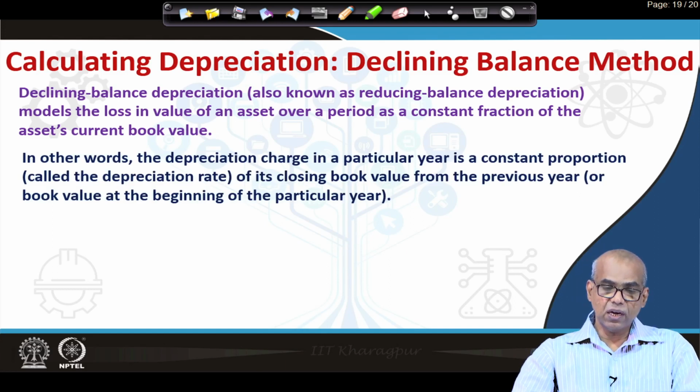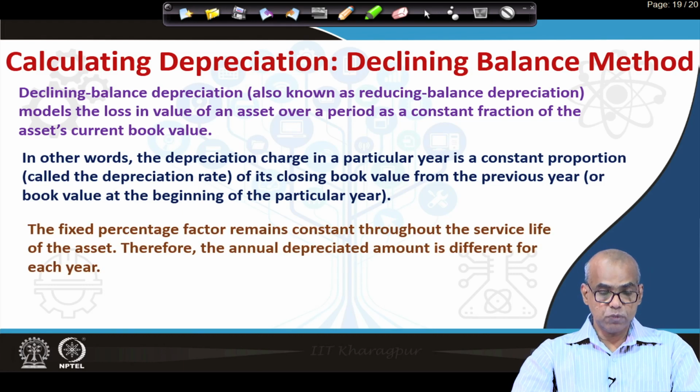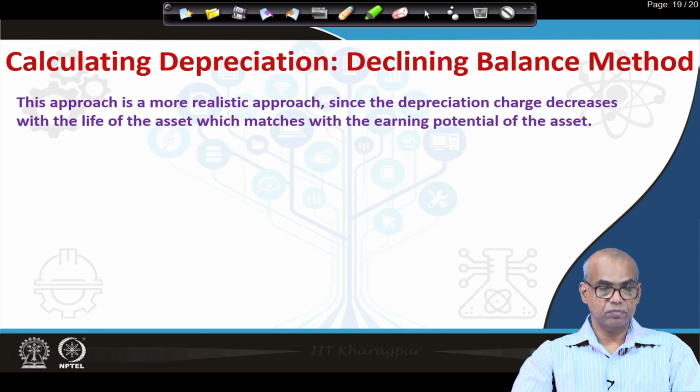So, the depreciation charge in a particular year is a constant proportion, called the depreciation rate, of the closing book value from the previous year, or the book value at the beginning of the particular year. The fixed percentage factor remains constant throughout the service life of the asset. Therefore, the annual depreciated amount is different for each year. Declining balance is also known as the fixed percentage or uniform percentage method.